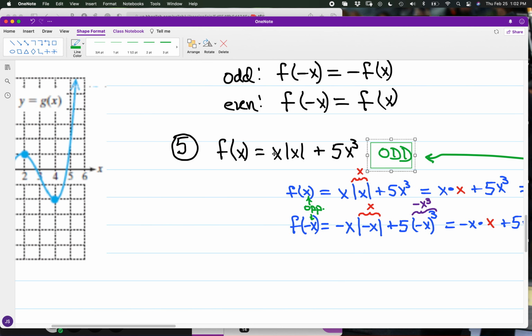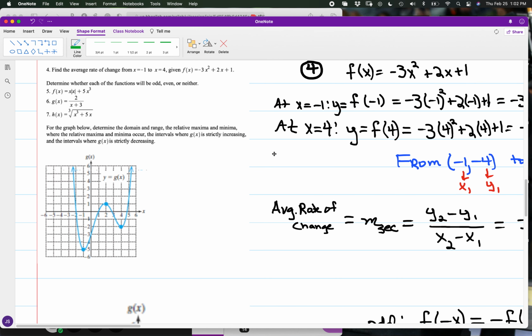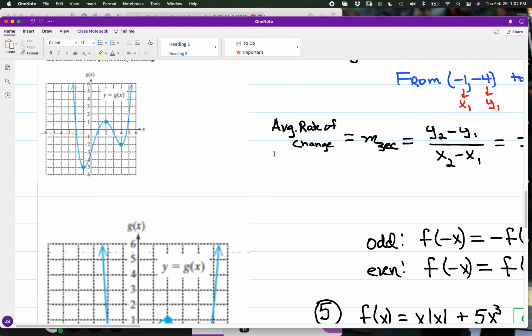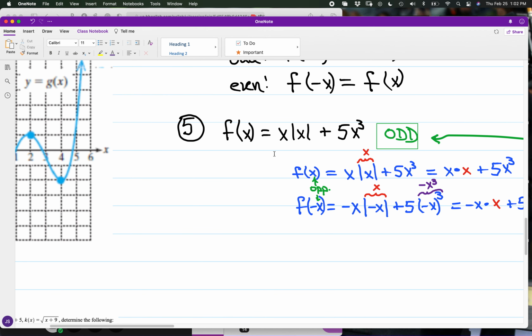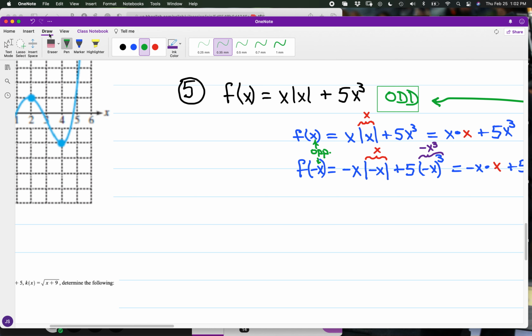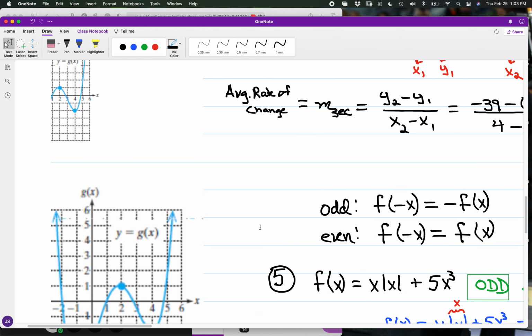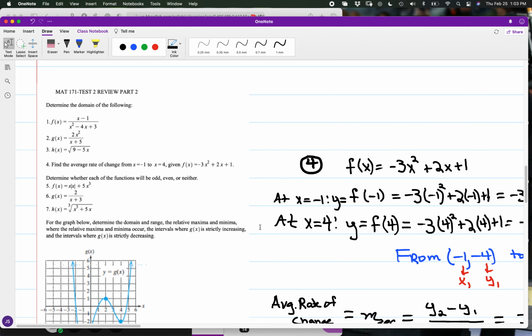All right, now for what we have in 6, we have 2 over x plus 3. And in this one case, you have g of x.